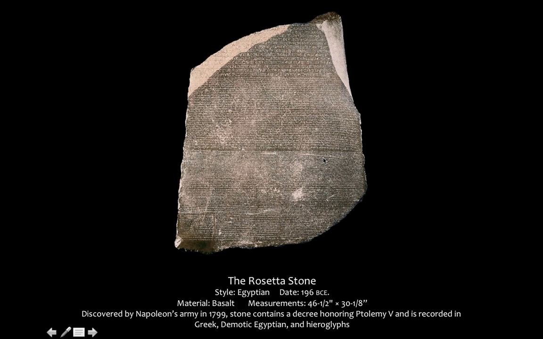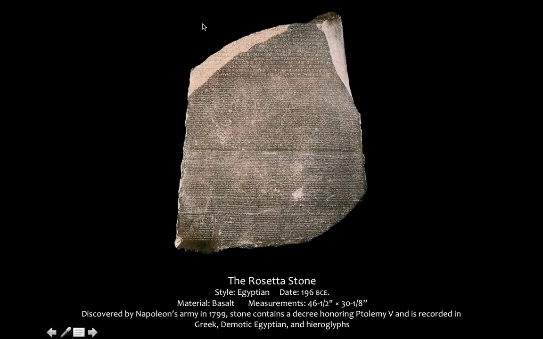Well, by this time, the Greeks had kind of spread into this area. And so there are people living in the area who speak and write in Greek. They speak and write in Demotic Egyptian, which is more of a spoken form of Egyptian. And they also still write in the hieroglyphs.